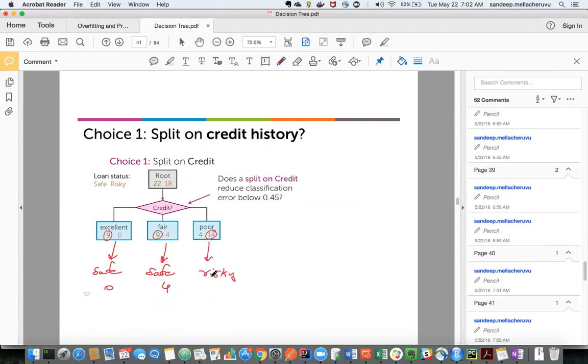We are predicting risky, and 4 times we go wrong. So the number of mistakes is 8 out of overall 9 plus 9, 18, 18 plus 4, 22, 22 plus 4, 26, 26 plus 14, it is 40. Out of 40, we are making 8 mistakes. What is the classification error? This is 8 by 40, so it is 0.2. 0.2 is our classification error after splitting on credit.